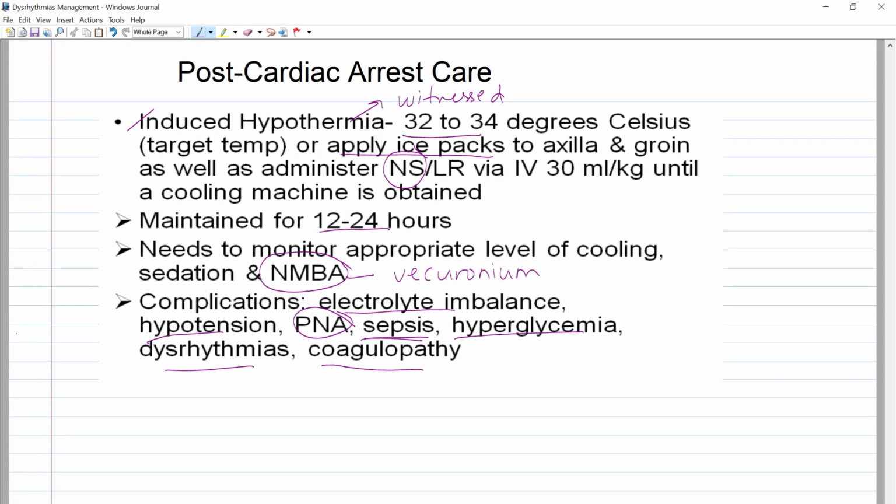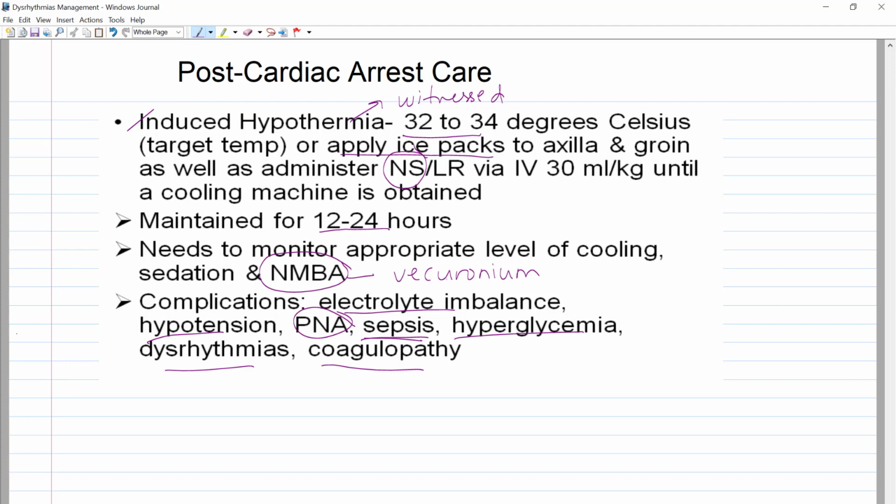So in summary, for this dysrhythmias management, and I know it's a very long discussion, the first thing you have to do for any dysrhythmia is identify and treat the underlying cause. And your priority action depends on the case scenario given to you in NCLEX.